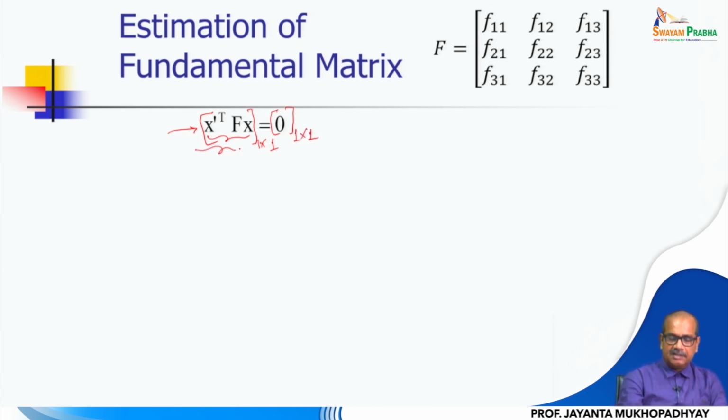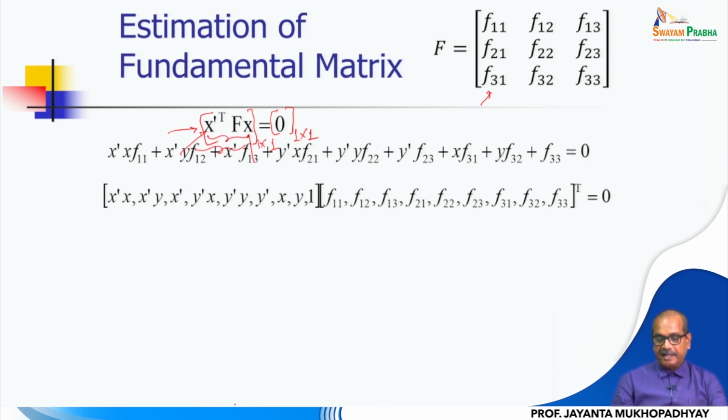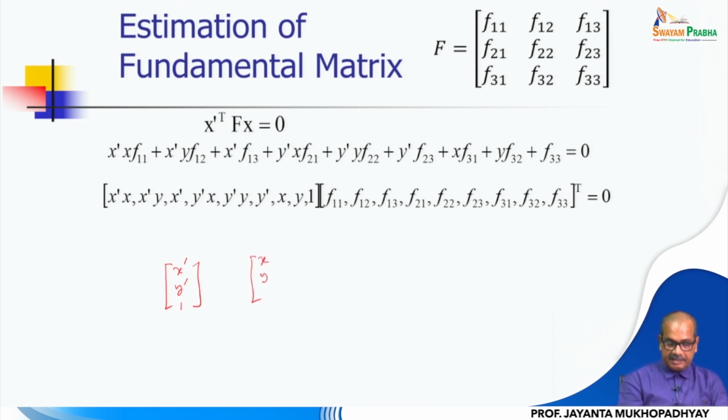So this expression is a linear expression in terms of the elements of F, and what is known to you is x prime and x. So my unknown would be F, and each pair gives me an equation. I can write it in this form: I take the image point x prime, y prime, 1 and the other point x, y, 1, take the transpose of F and multiply.